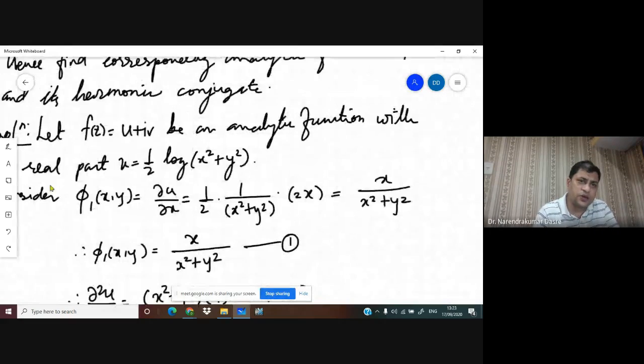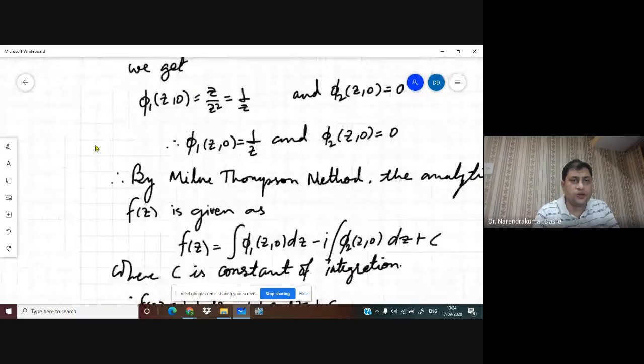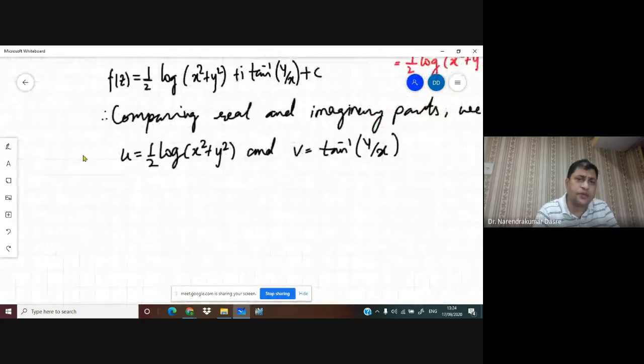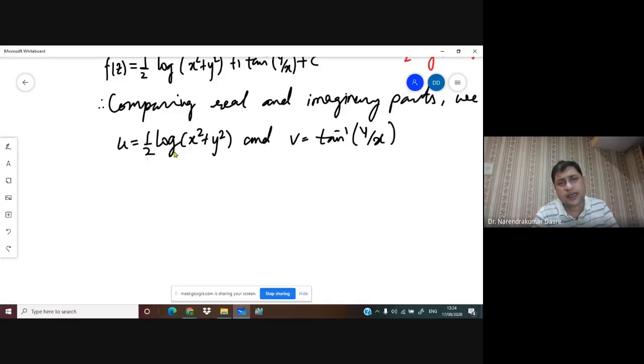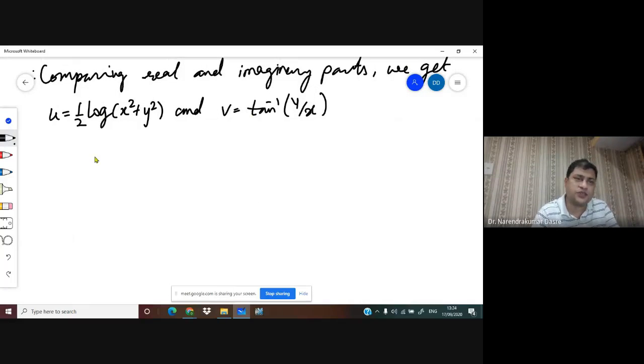See what is given to us: u is equal to half of log of x square plus y square, which is exactly what we have obtained. If we are able to get back the given thing as it is, that means the other part is also correct.